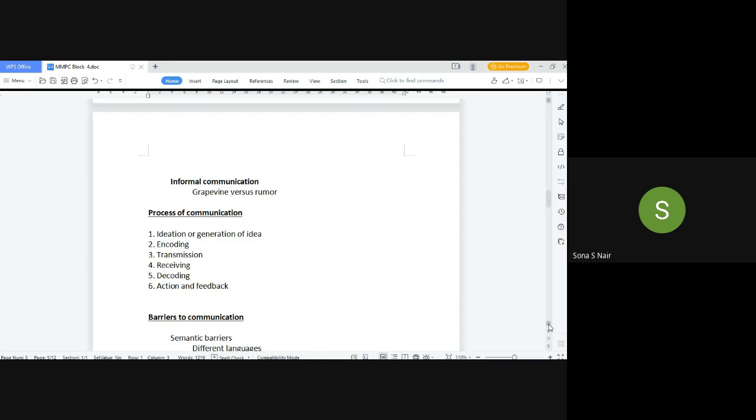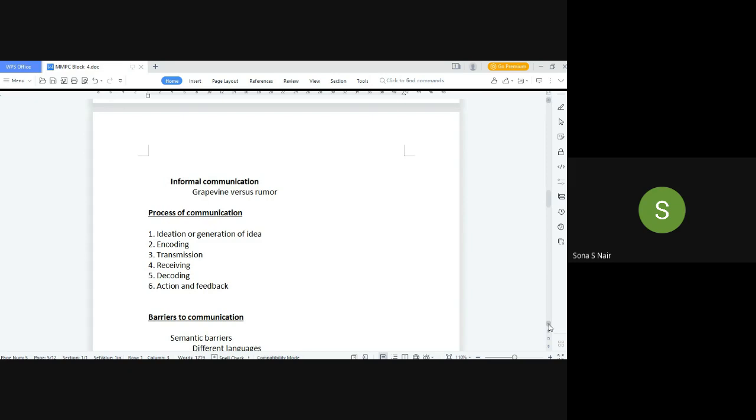There has to be something which needs to be communicated, right? So that is the generation of the idea. This idea is encoded into words or letters, written words or oral words, or maybe in any manner. It is encoded into language basically.